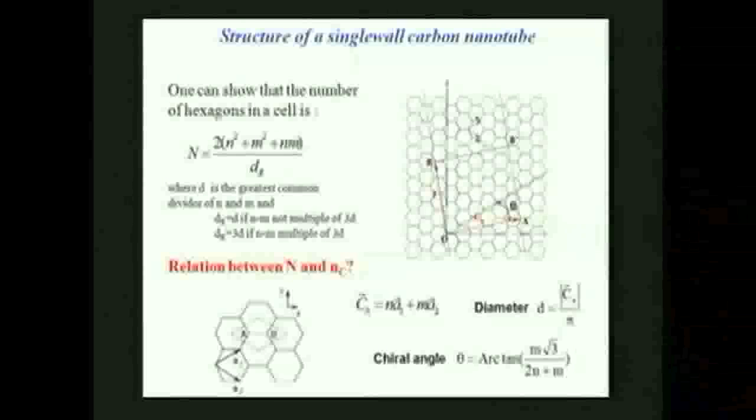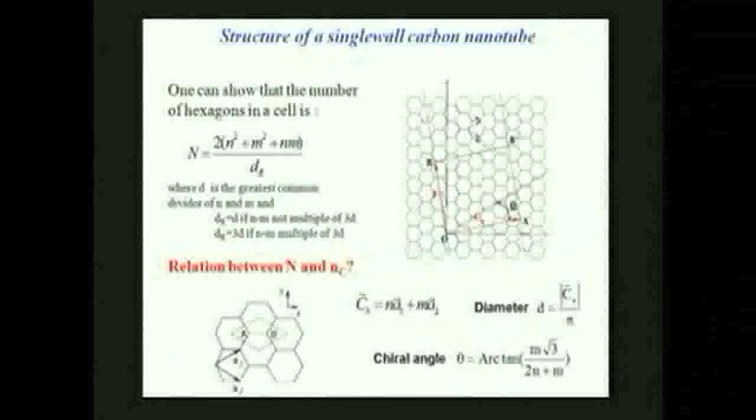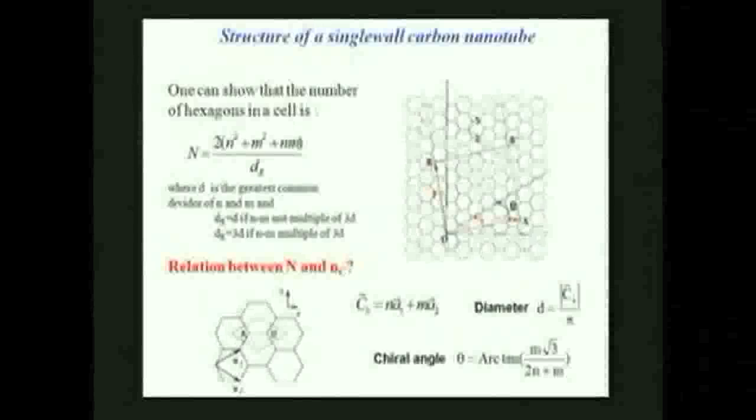2. Thank you. There are 2 carbon atoms per unit cell of graphene. And how many hexagons? Compare the surface of this unit cell with the surface of one hexagon. How many hexagons do you find?